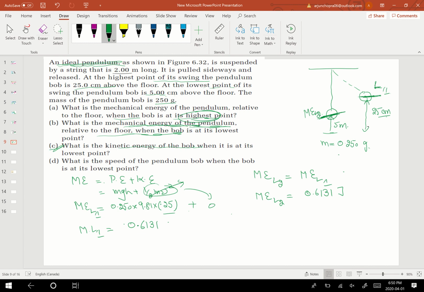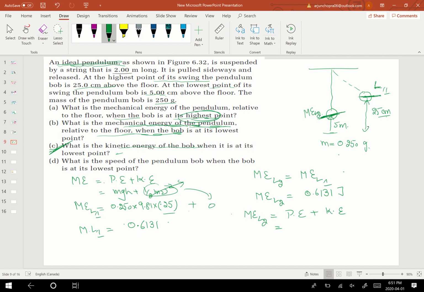And then, what is the kinetic energy of the bob? This is the third part now. What is the kinetic energy of the bob when it is at its lowest point? At the lowest point, which means at location 2, I want to find the kinetic energy. I know the mechanical energy at location 2 is equal to potential plus kinetic energy, the same formula.